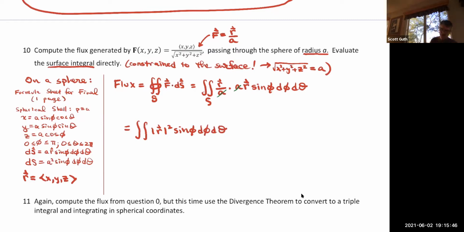And I'm going to still leave an S on here to indicate I'm still thinking of this as a surface integral. And what's the magnitude of R if you're constrained to the surface?